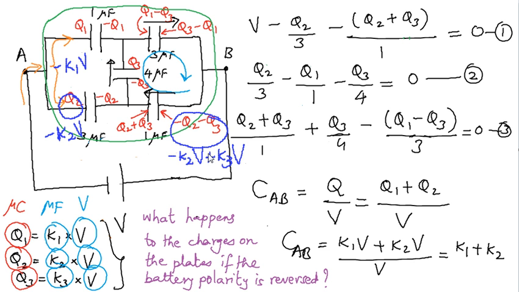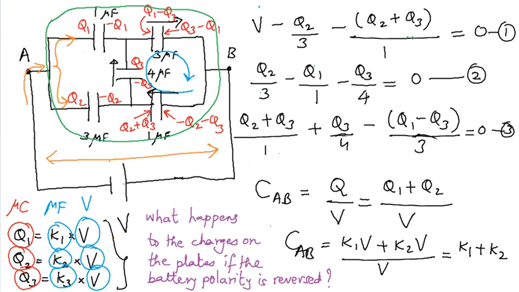After the battery is reversed, the claim is it is going to be K2V plus K3V. In short, every charge on any plate whatsoever of the capacitors will remain the same in magnitude but will reverse in sign.